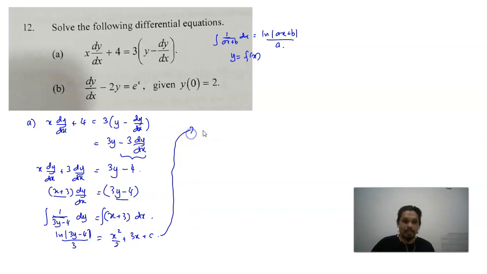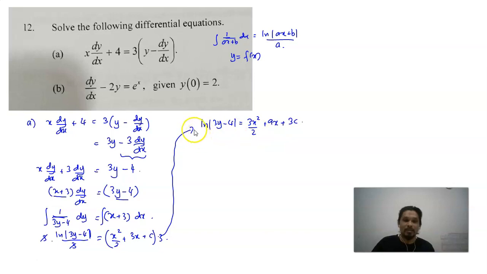Multiply by 3 here, so 3 divided by 3, and also multiply the other side by 3. So natural log of 3y minus 4 equals 3x squared divided by 2 plus 3 times 3x, equals 9x plus 3c.